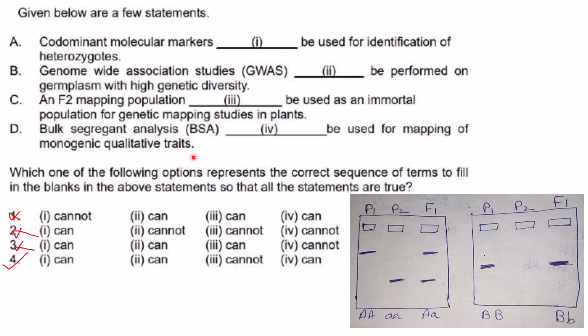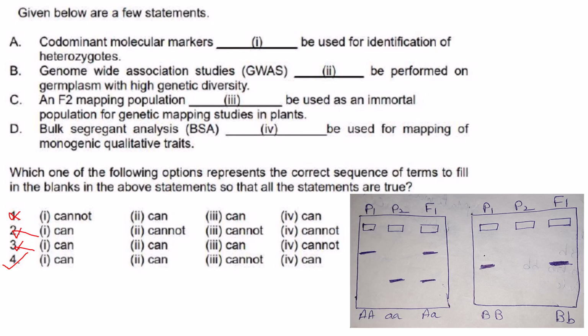And qualitative traits show the discontinuous character and do not show the continuous difference in the character, as in quantitative or polygenic inheritance. That is the difference between qualitative trait and quantitative trait. So just for your information I told you. Now, D can be used for mapping monogenic qualitative trait, so that makes option 4 your answer.